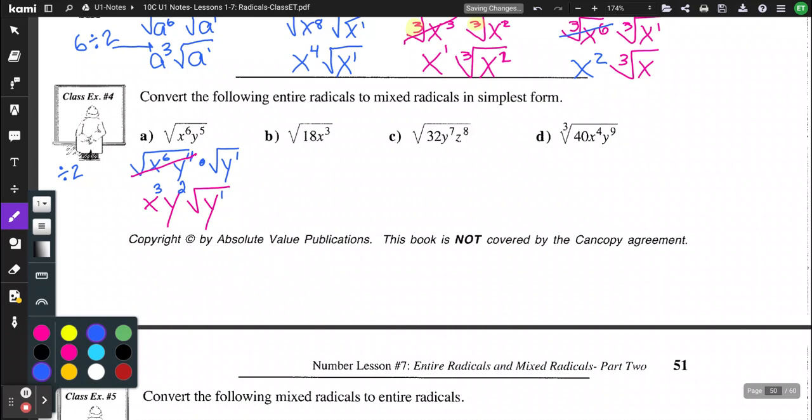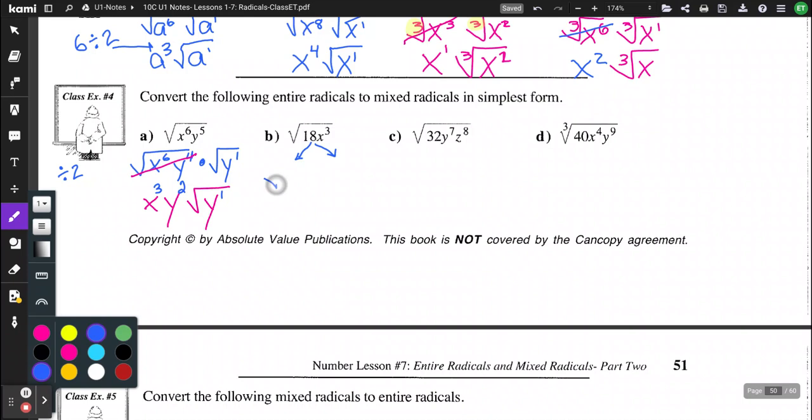And then my y to the 1 stays underneath. So we got to split them where you can divide them evenly because it's an even index of 2. Same thing on the next one. We have an even index of 2. So 18, we have to do the digit and we have to do the letters. So now it's a perfect square again. We're dealing with digits. 18 will divide by 9.